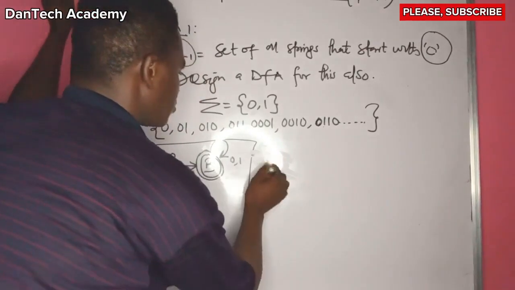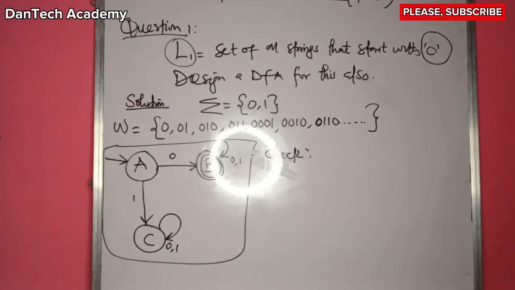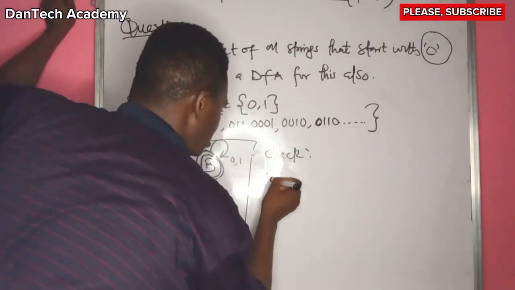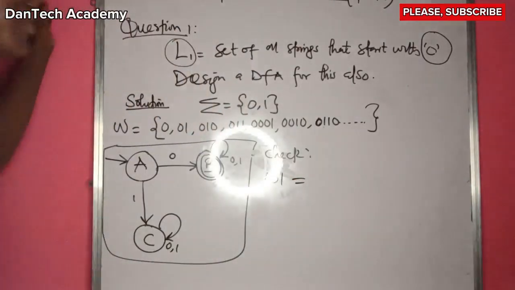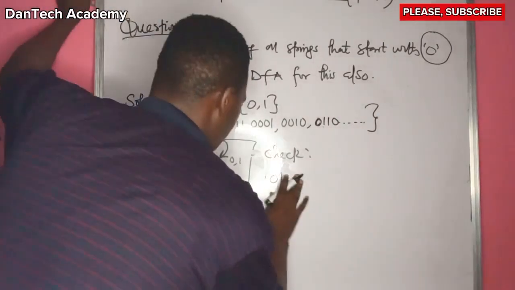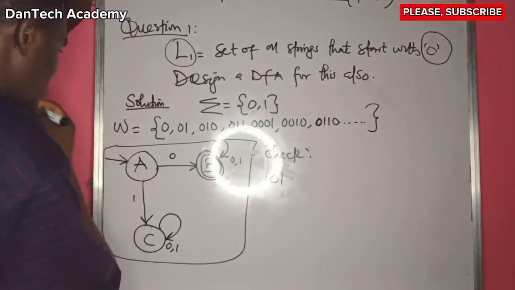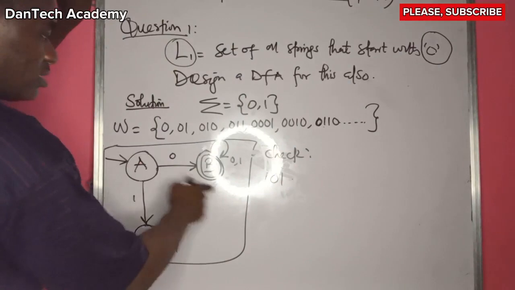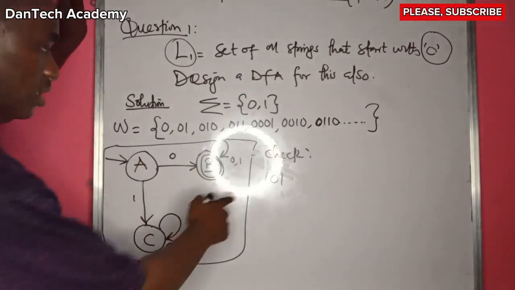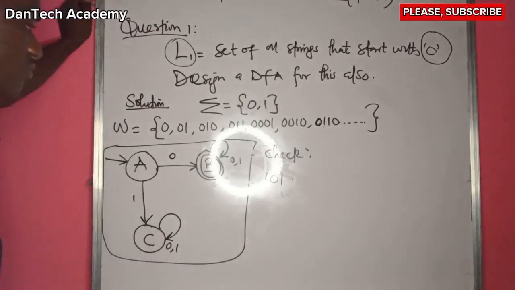Let's say, check. Example now. We want to check if 101 is accepted or not. So in checking if 101 is accepted, how do we do this? We have the first one here that says if 1 enters, what becomes of that?